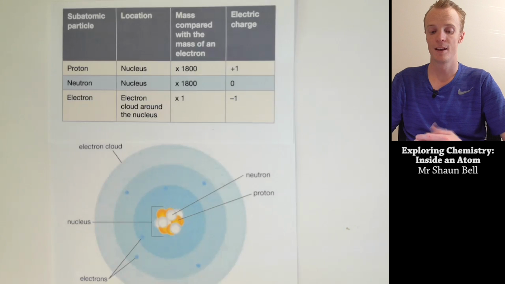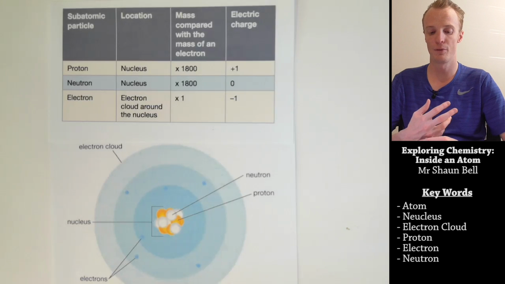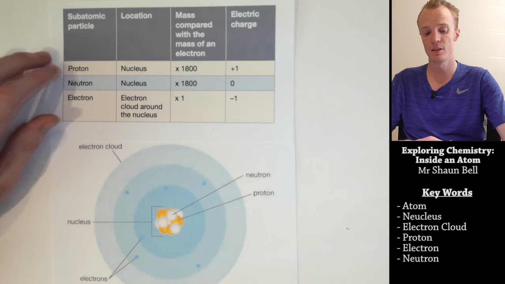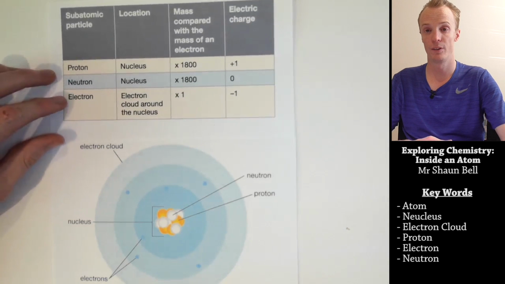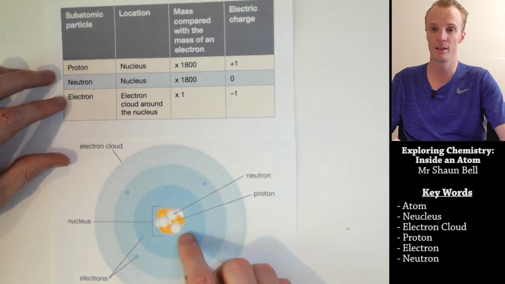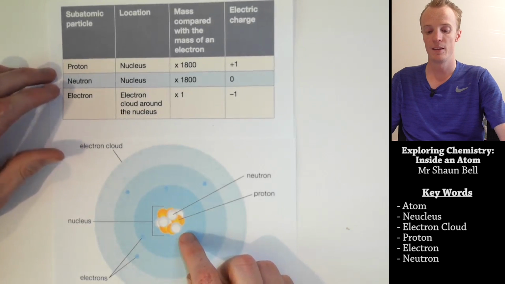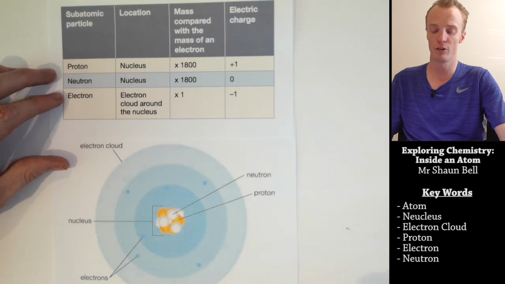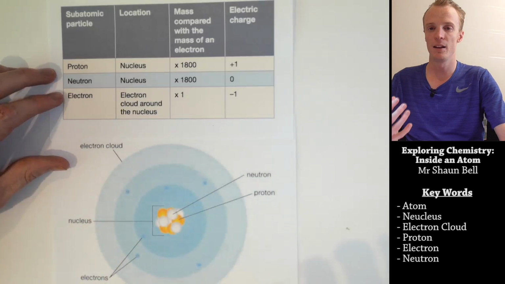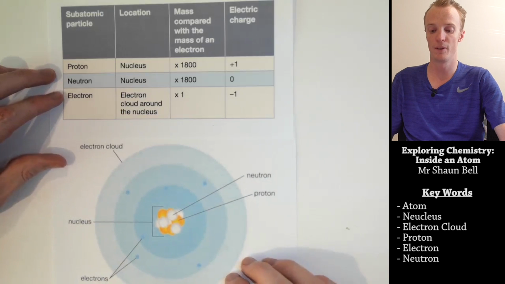So let's summarise. An atom consists of 3 subatomic particles. Those particles are protons, neutrons, and electrons. The protons and neutrons form the nucleus that can be found in the centre of the atom. The electrons are in the electron shells, or the clouds here, that surround the atom. The electrons are constantly moving.